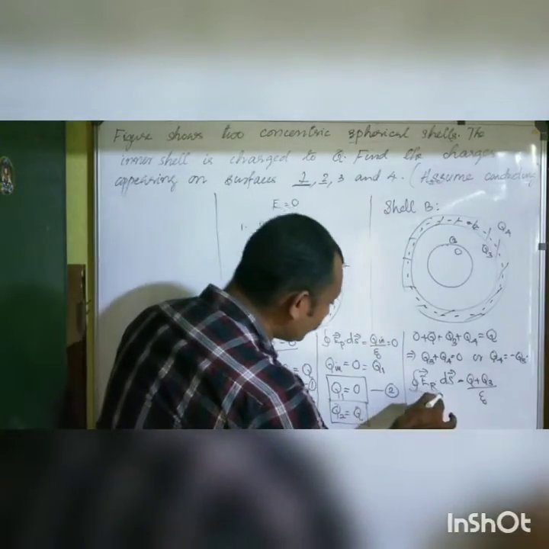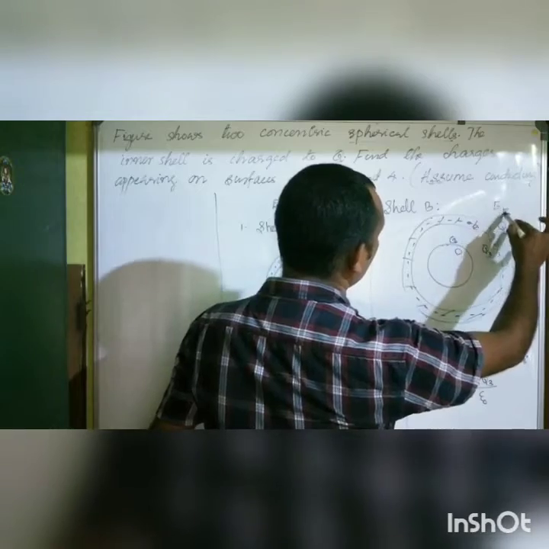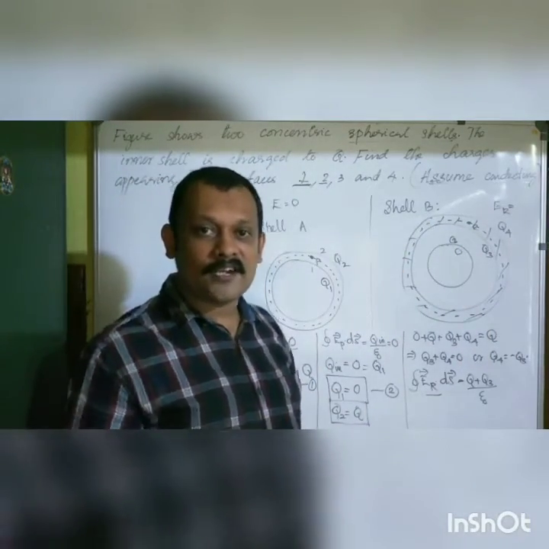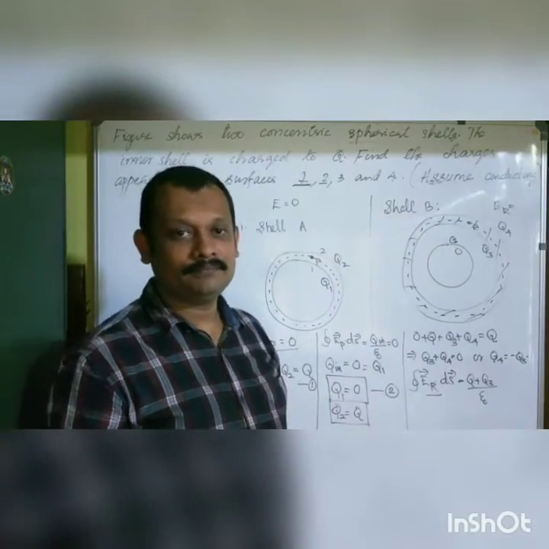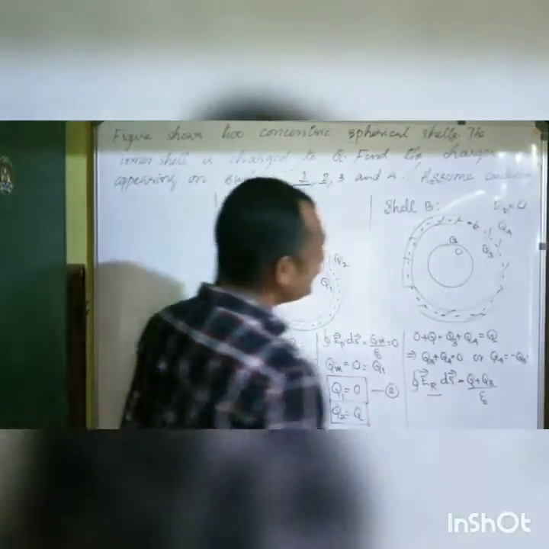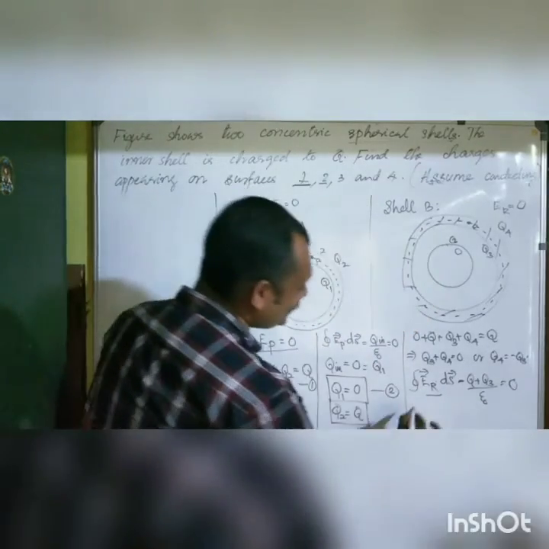But what is the electrostatic field at R? It is inside a conductor. What is the electrostatic field inside a conductor? 0. So ER is equal to 0. What is the left side of this equation equal to? 0. What is then Q3 equal to?